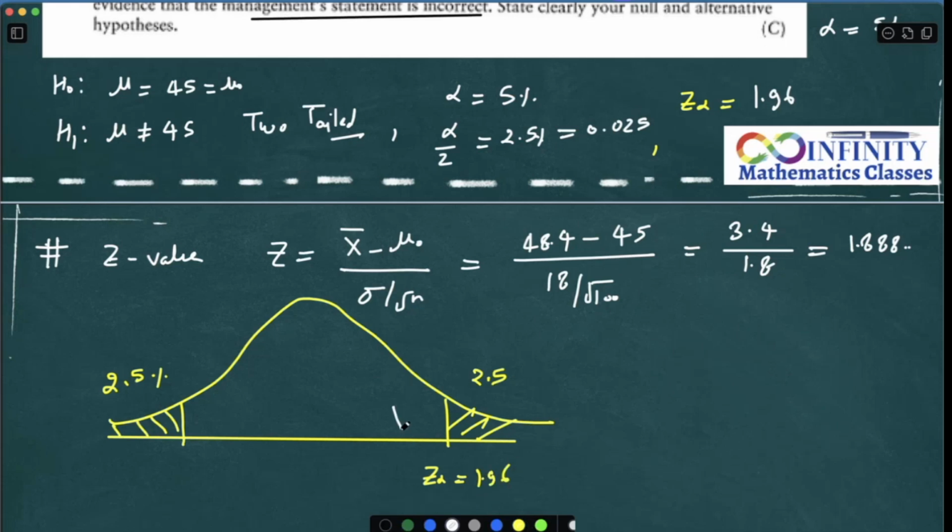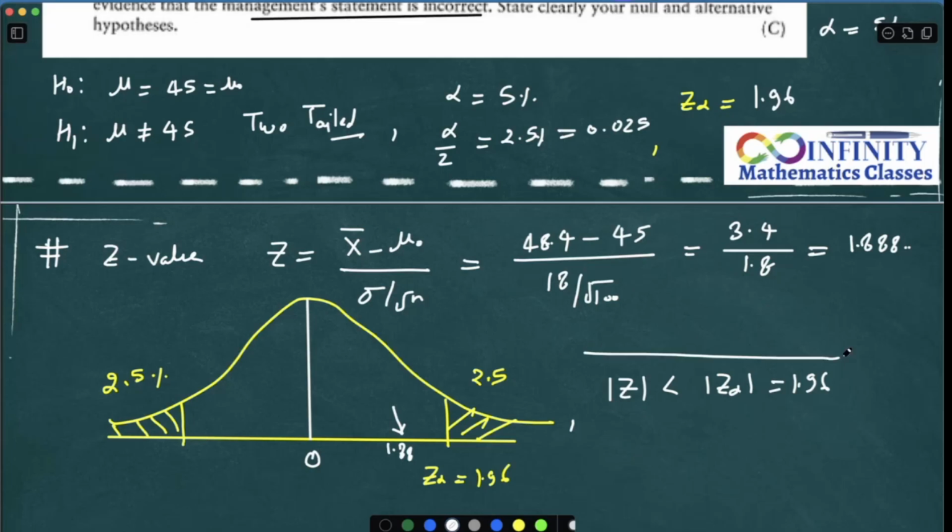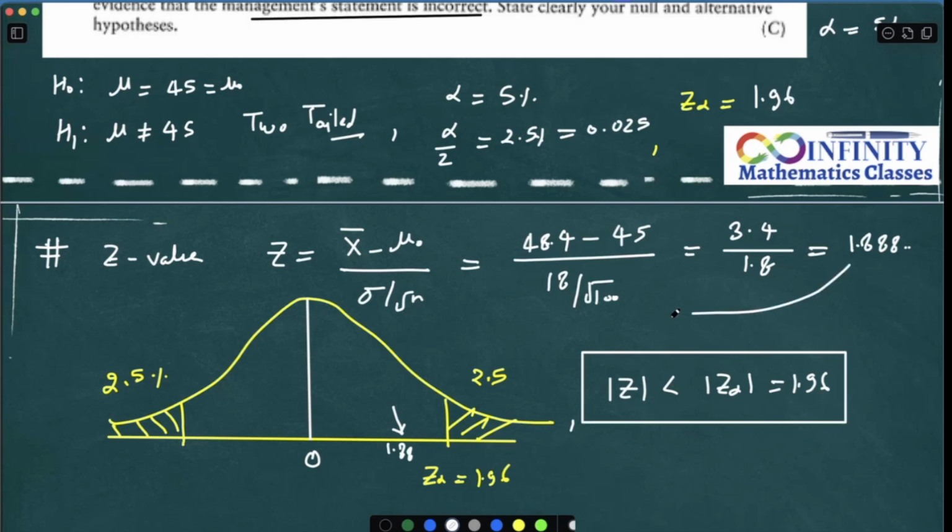The value of Z we obtained is 1.88. So what we have calculated, mod Z, is less than mod Z alpha, which is 1.96. So it is accepted in this case.